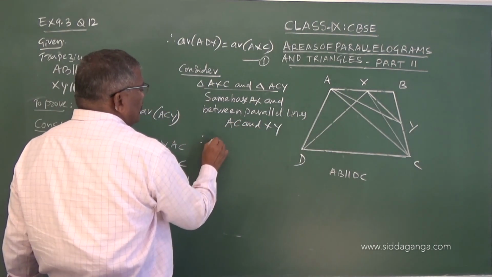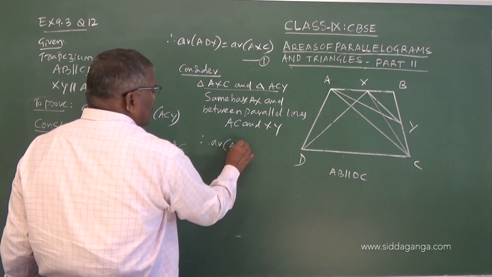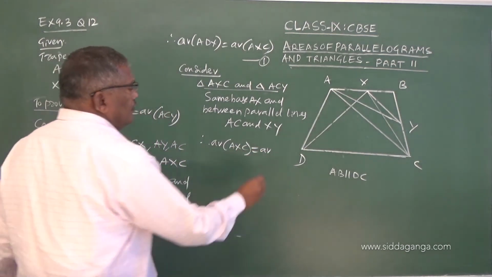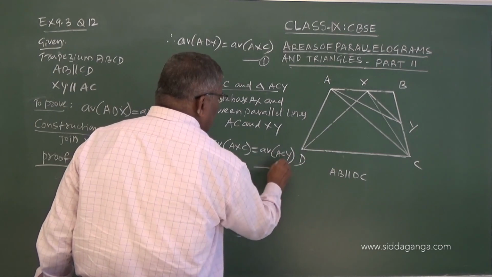Therefore area AXC is equal to area ACY. This is second equation.